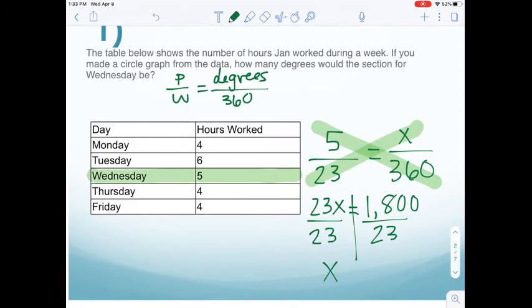So I'm left with x equals 1,800 divided by 23, and I get 78.2608, on and on. But we're going to round that to the nearest tenth. So it's going to be 78.3 degrees. Wednesday's section on the circle would be 78.3 degrees.